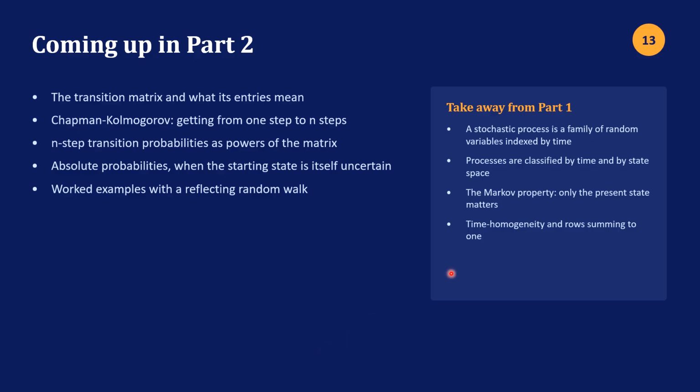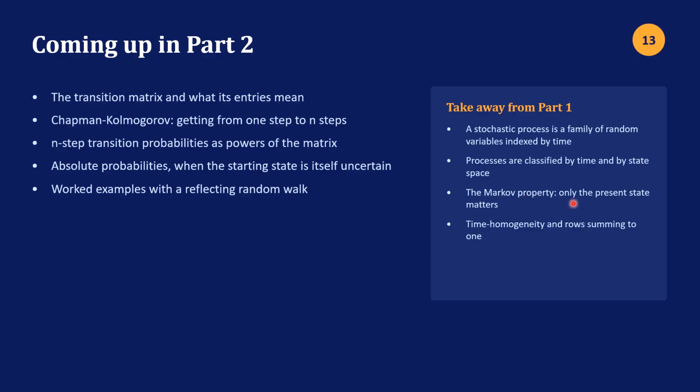This is the last slide in this lesson. So let's just do a quick summary. A stochastic process is a family of random variables indexed by time. Stochastic processes are classified by time, either discrete or continuous, or by state, either discrete or continuous also.